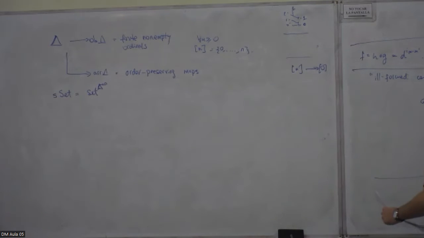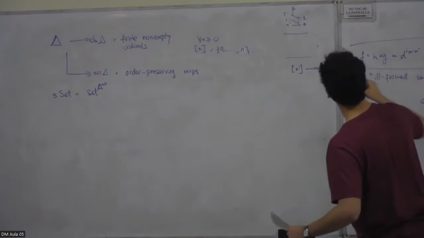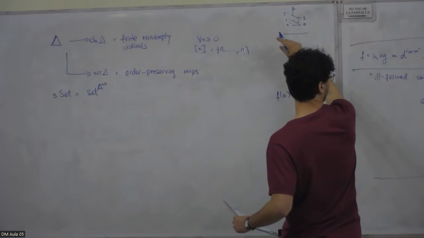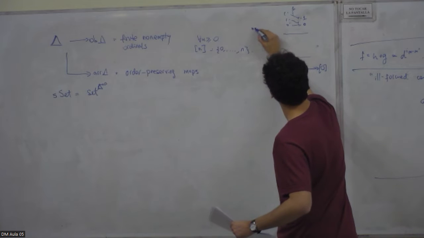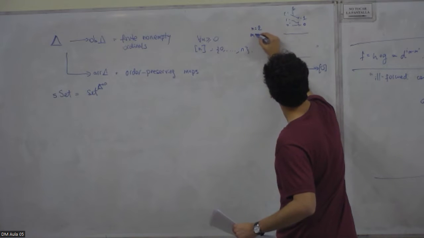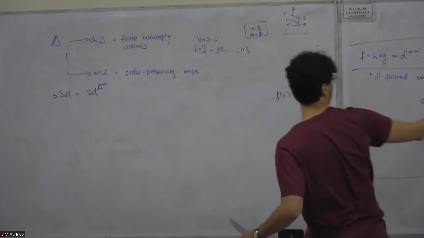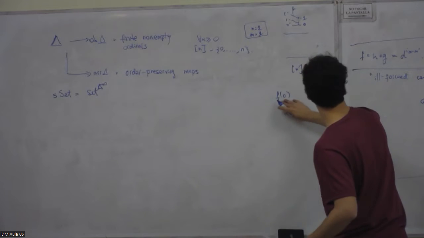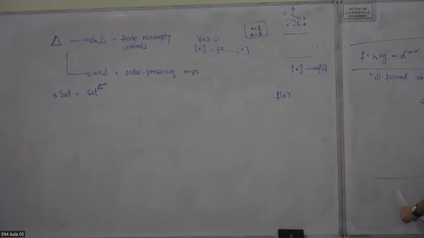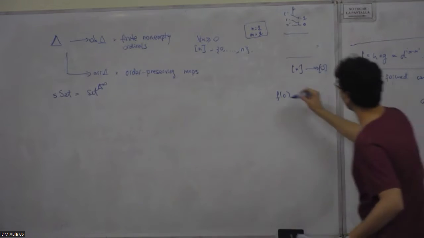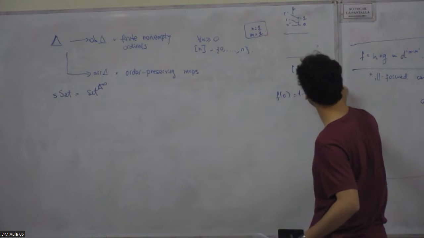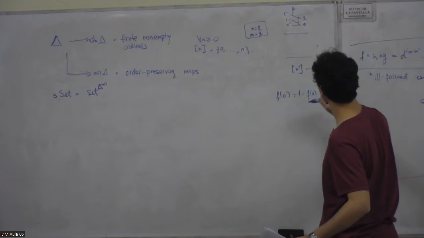So in this case, n equals 2 and m equals 1, right? And applying this formula, f will send 0 to m minus f of 0, which is 1 minus f of 0, and f of 0 was 0, so this is 1, right?